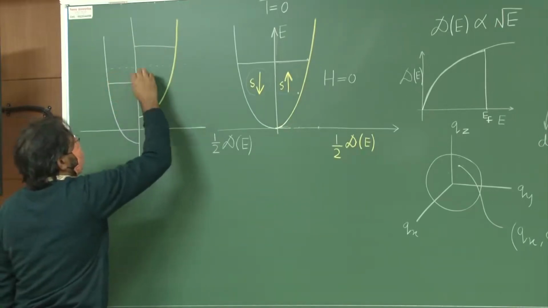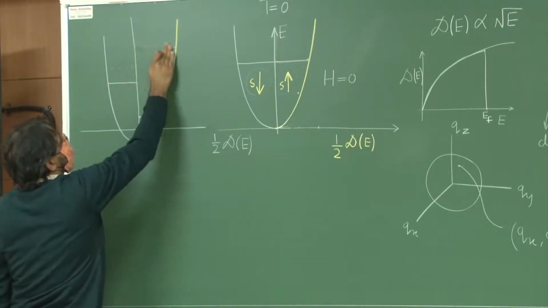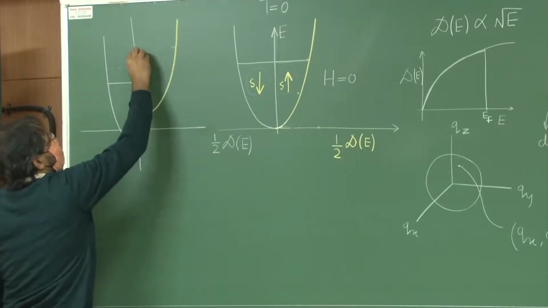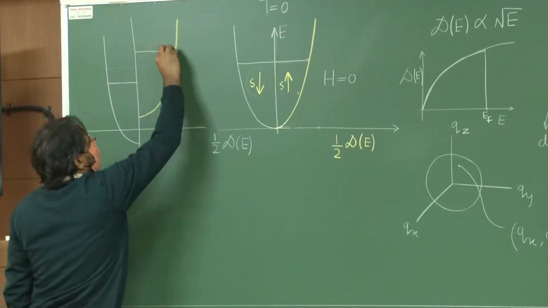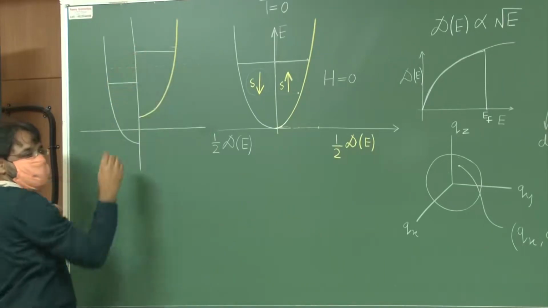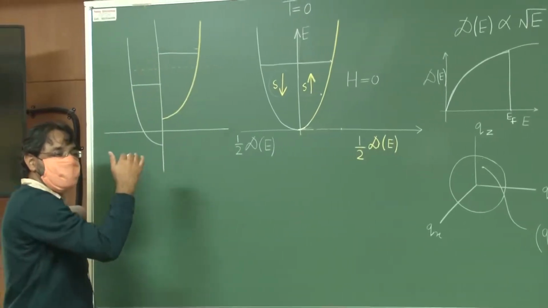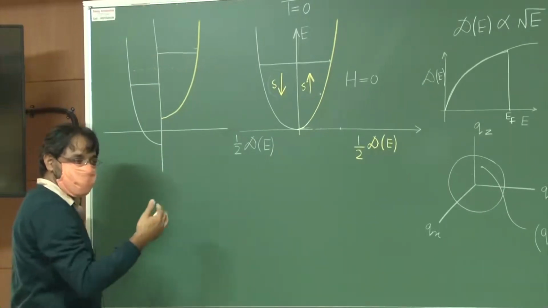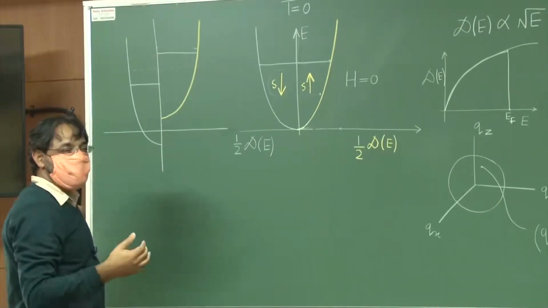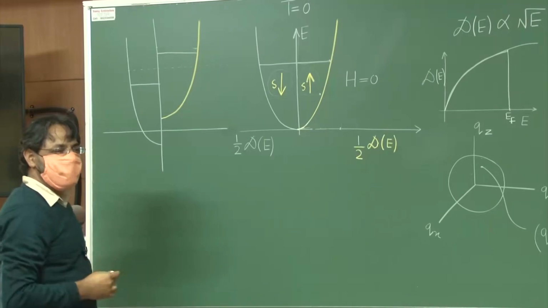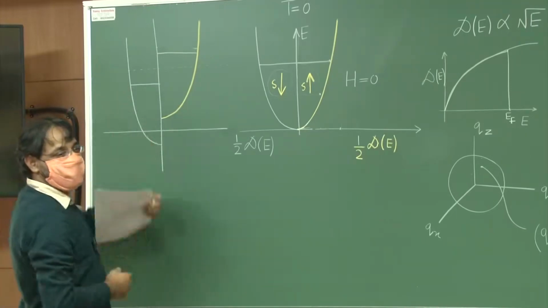This is actually highly exaggerated. Even with a very large field, this shift is going to be minuscule compared to the Fermi energy. Fermi energy is of the order of few electron volts, and this mu_B H would be a very weak effect, but I've just magnified it for you.